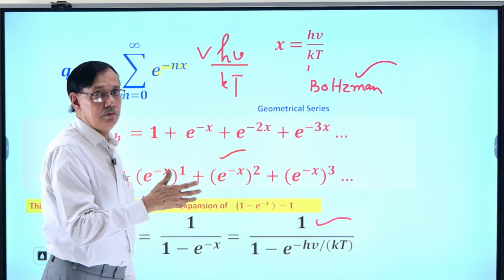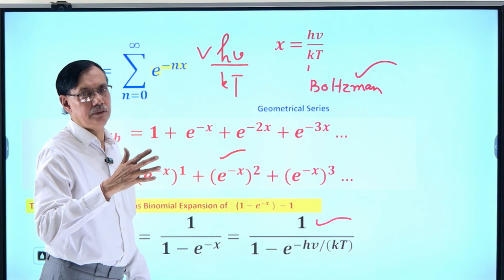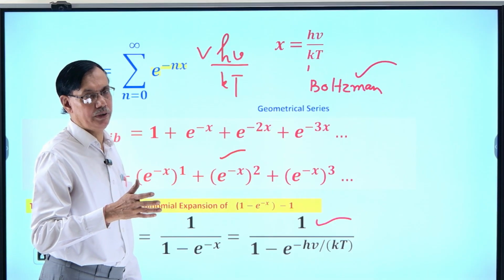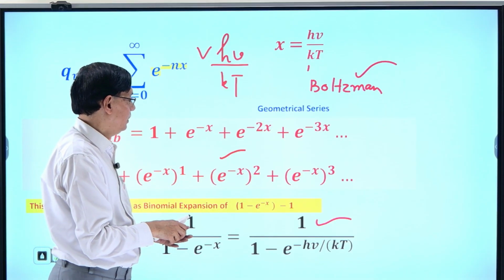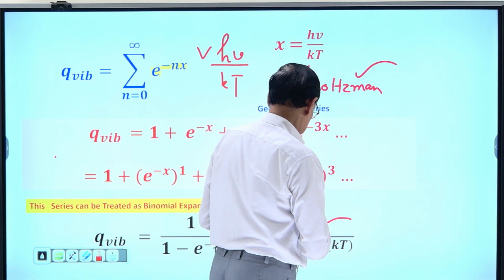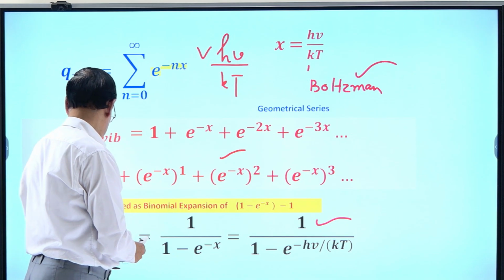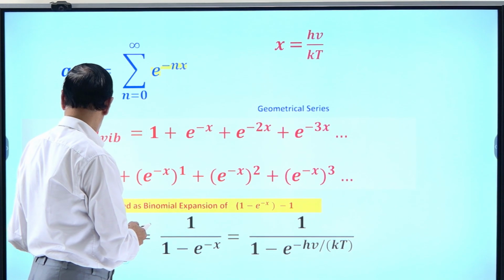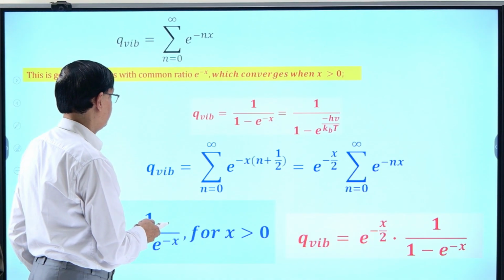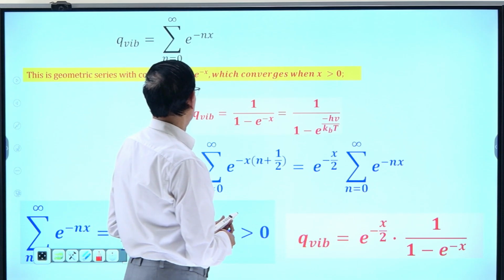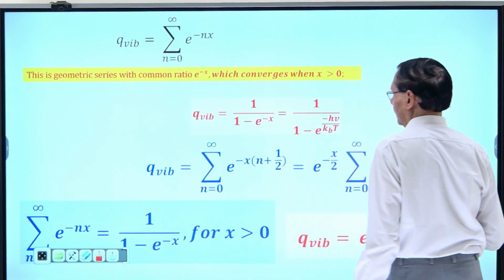But when I consider the zero-point energy, I have to slightly modify that equation. You see here, why is this formula different?